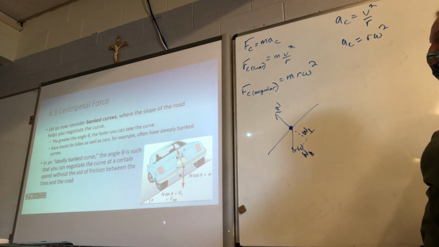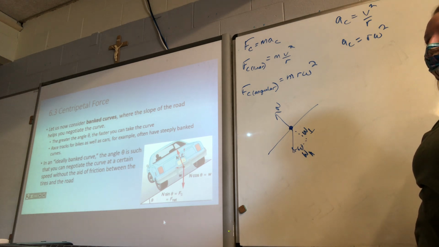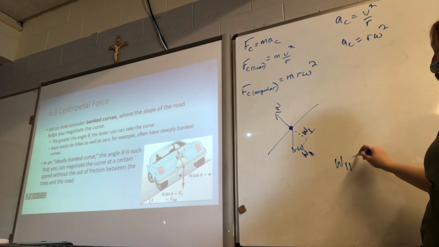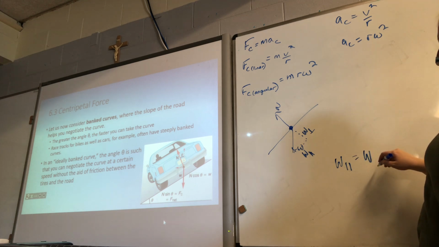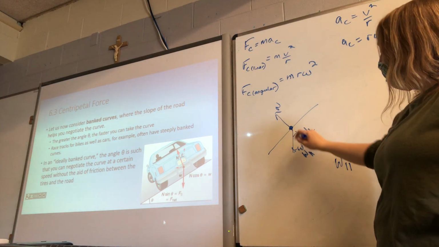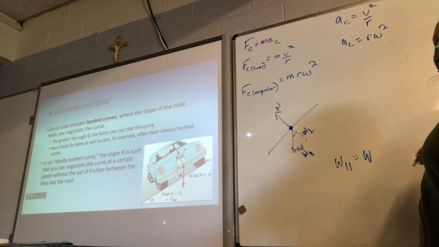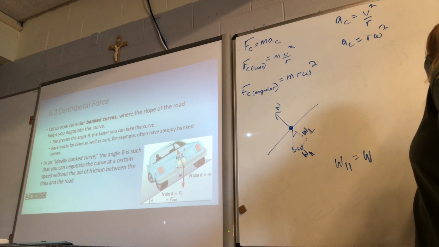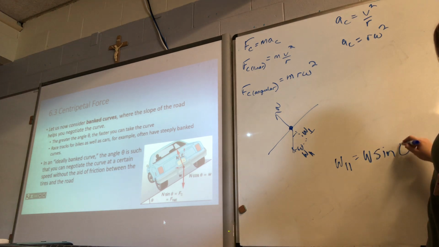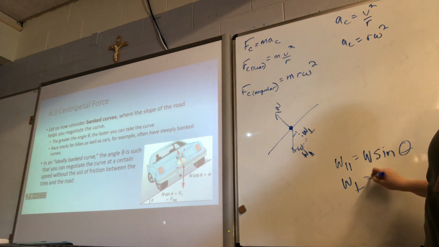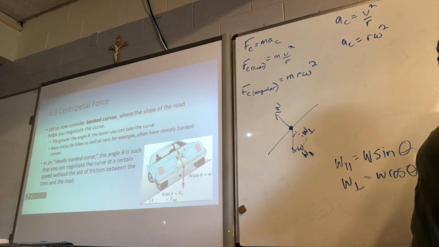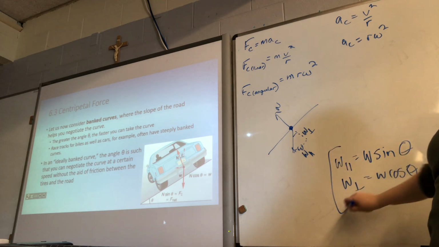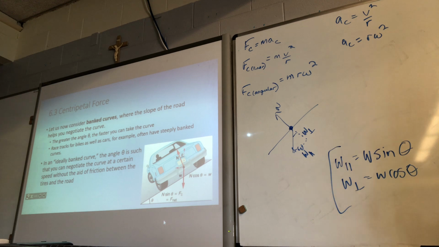In this particular chapter, for some reason, it chooses to do W parallel as, what would the angle be? Sorry, W parallel would be cosine? Opposite? Nope. Sine. So this is what we've always done, right? That looks familiar to you?